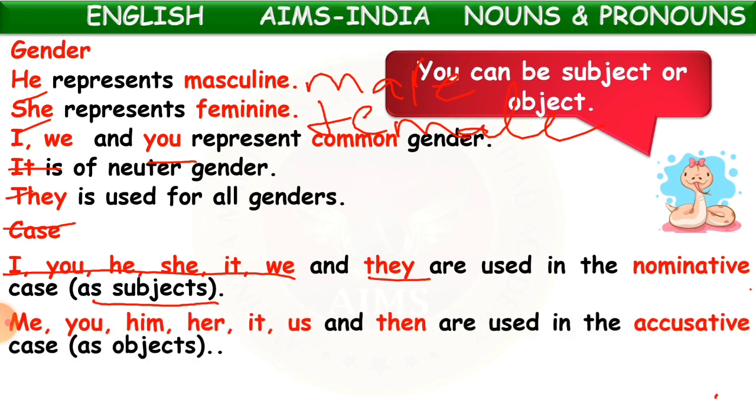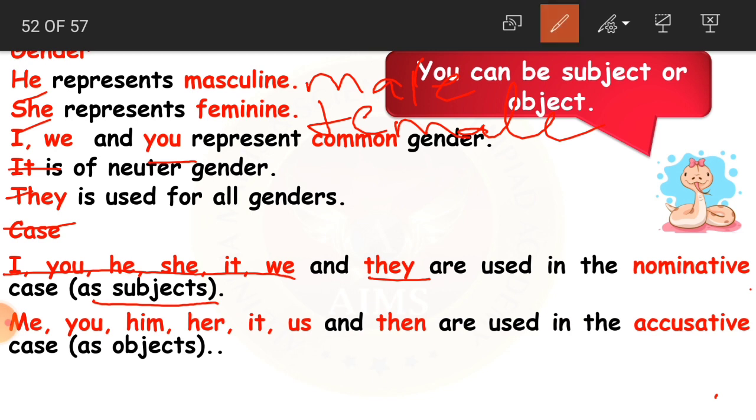And what about the accusative case here? They are me, you, him, her, it, us and then. Not then here, actually it is them, sorry, T-H-E-M, them. Me, you, him, her, it, us and them are used in the accusative case as objects.